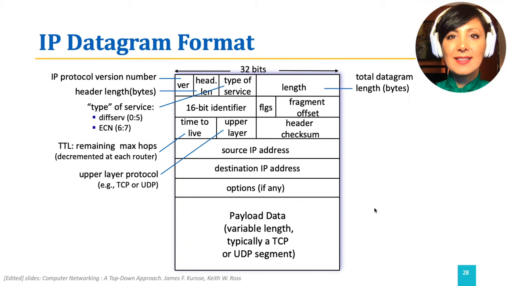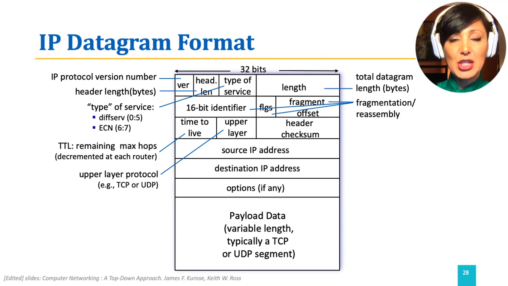The protocol field specifies the upper layer protocol. This field is typically used at the destination. Identifier, flags, and fragment offset are used in IP fragmentation and reassembly, breaking down IP datagrams and putting them together again when necessary.